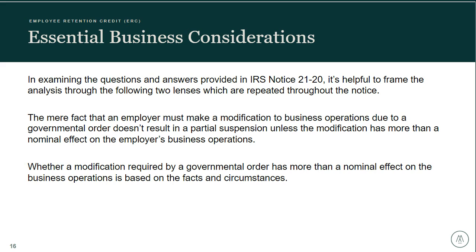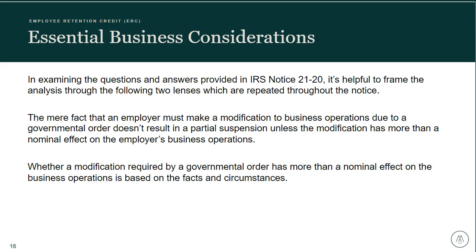There were 4 notices that were written for the ERC benefit. The one that we're really going to focus on, though, is 2120. And there are 2 particular themes that run consistently through this notice that I think are important to talk about and to think through. It is the mere fact that an employer must make a modification to business operations due to a government order doesn't result in a partial suspension unless the modification has a more than nominal effect on the business operations.